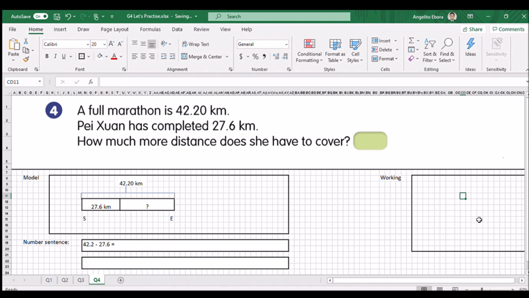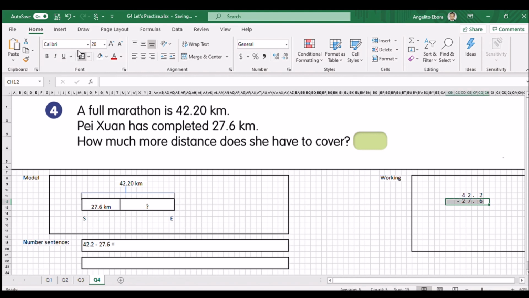So let's figure it out. 42.2 minus 27.6. In the original number, it has 0, right? But the 6 doesn't have 0, so just remove the 0 because you have nothing to subtract here. We don't need that, so delete.